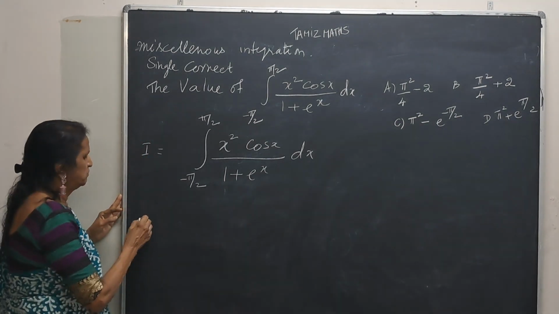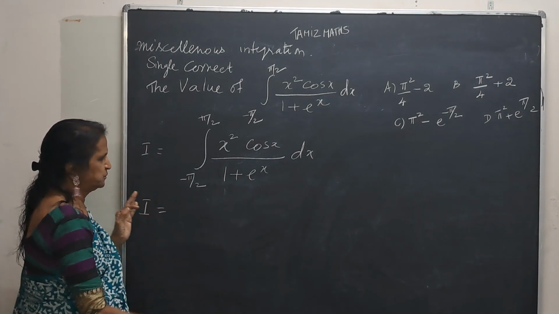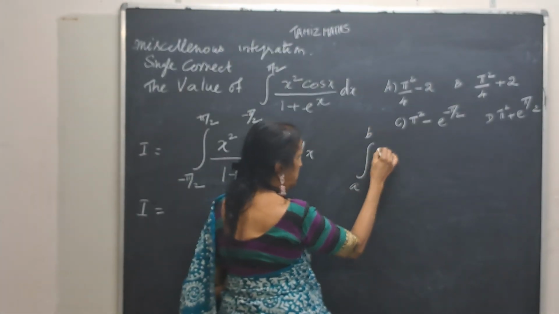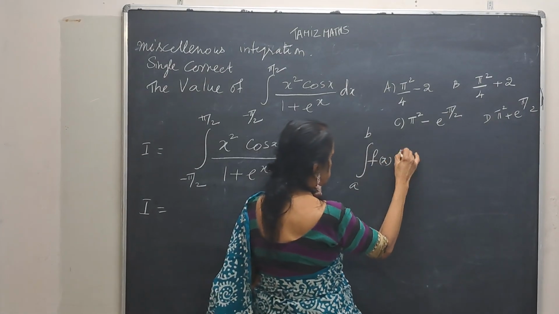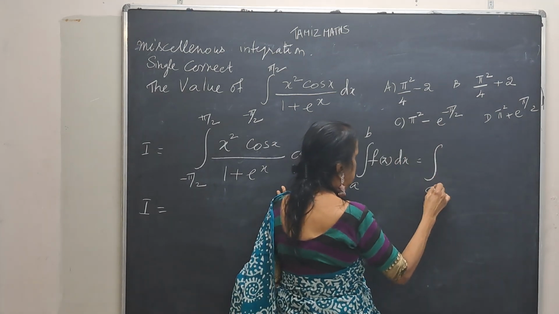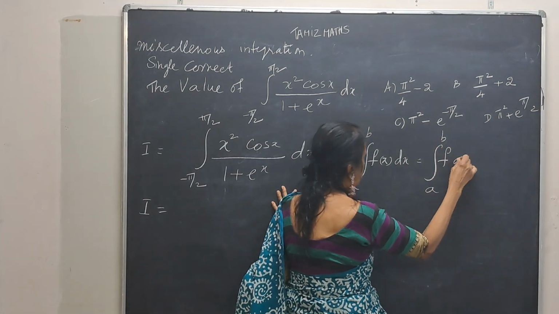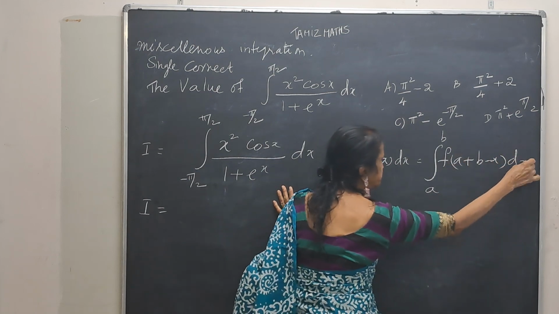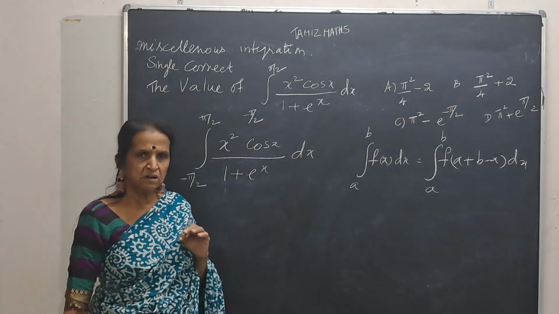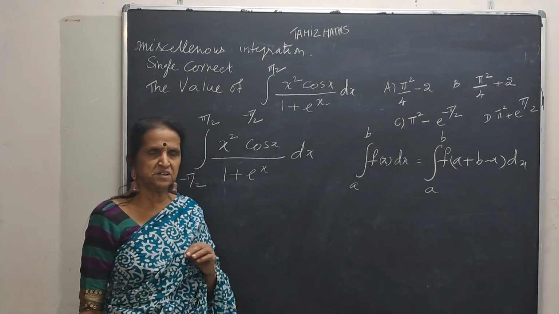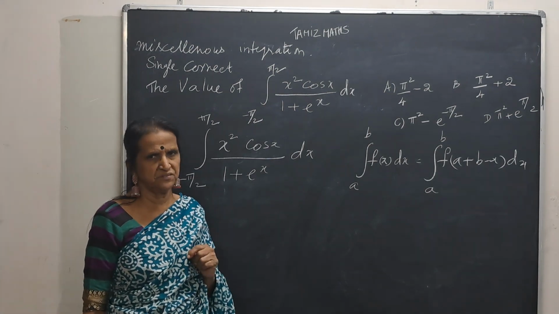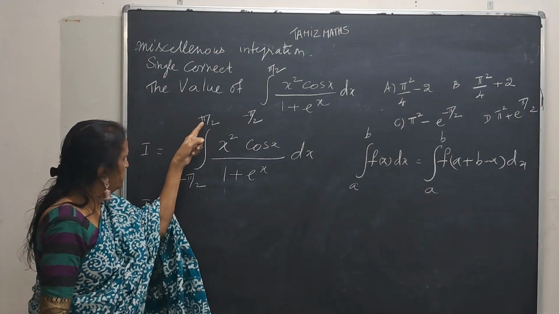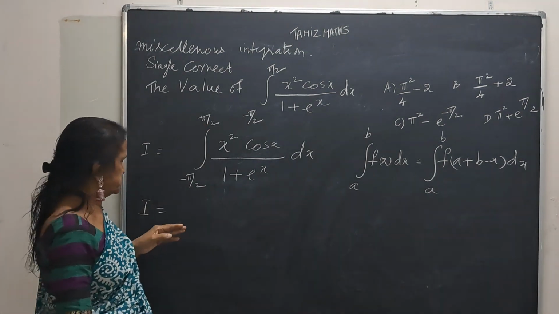So I is also equal to, integral a to b f x dx is equal to integral a to b f of a plus b minus x dx. Many problems in definite integration are done using the properties of definite integration.